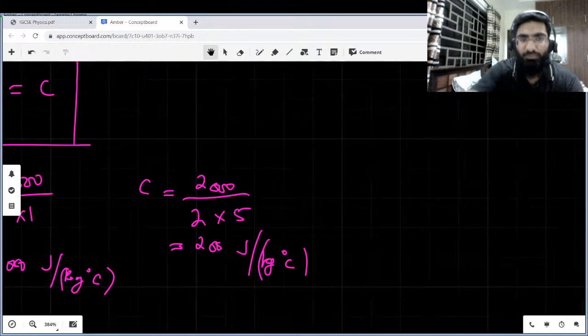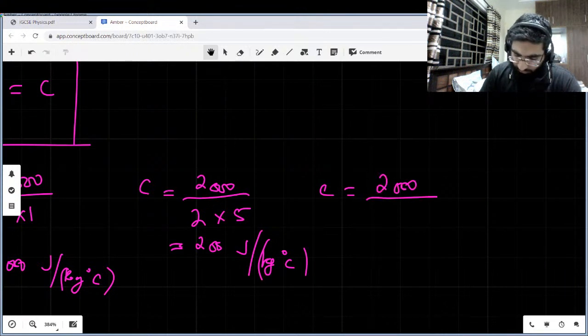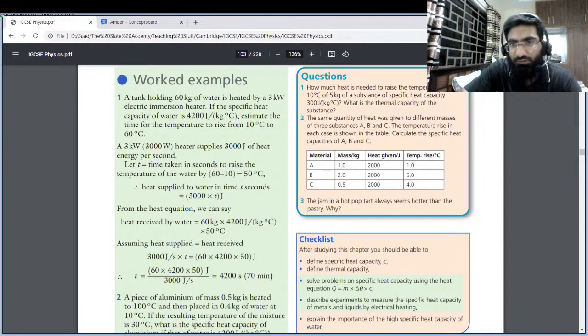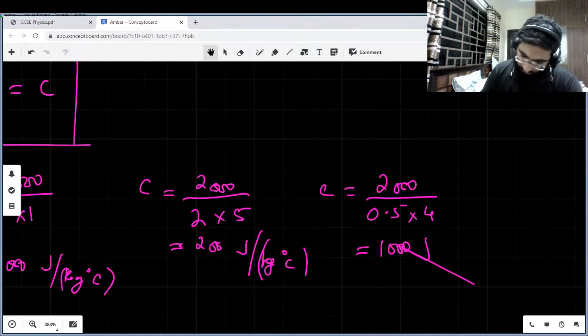The same way for the third one, C is equal to 2000. Mass for the third substance is 0.5 and its temperature rises by 4. So 0.5 into 4 is 2. 2000 divided by 2 is 1000 joules per kilogram per degree centigrade.